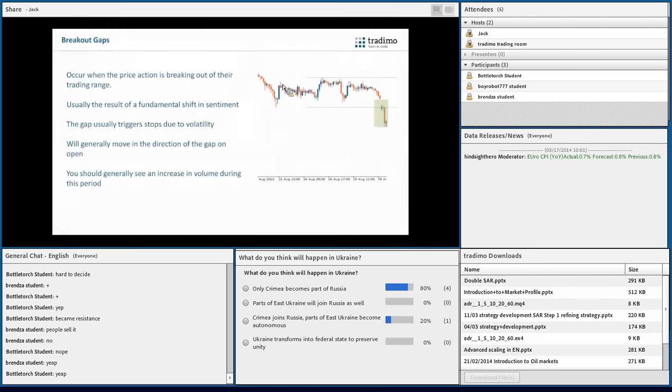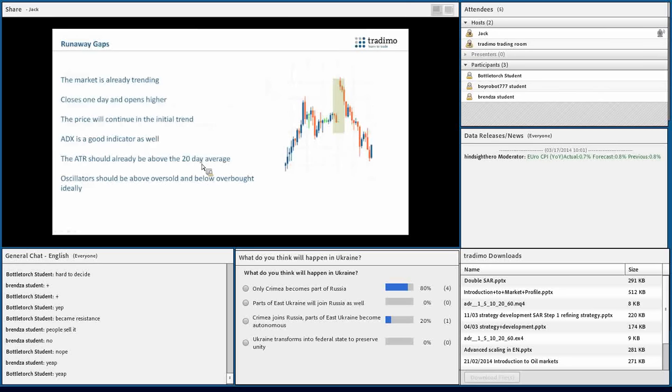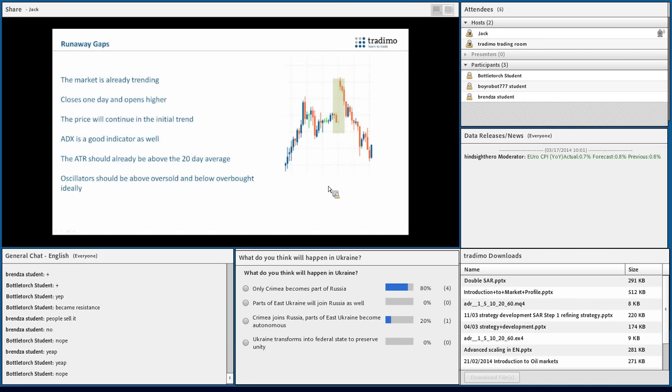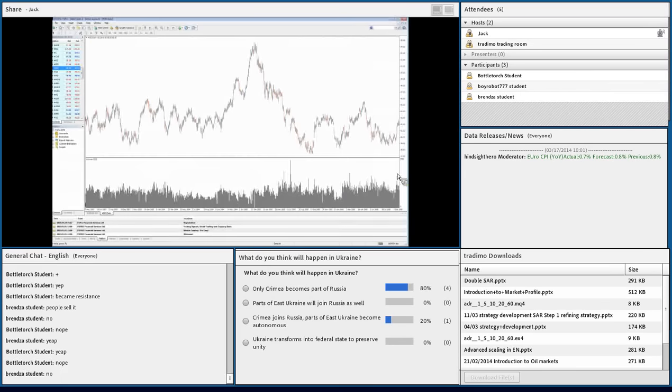Okay, the next one is the runaway gap. Now, how many of you guys have heard of the runaway gap? These are the ones that basically occur when the market is in a trend. And a runaway gap is basically characterized by the following.